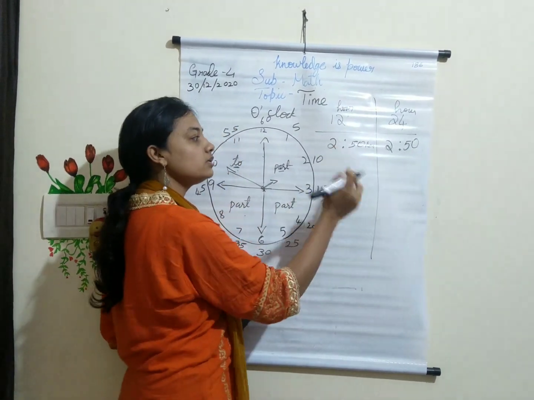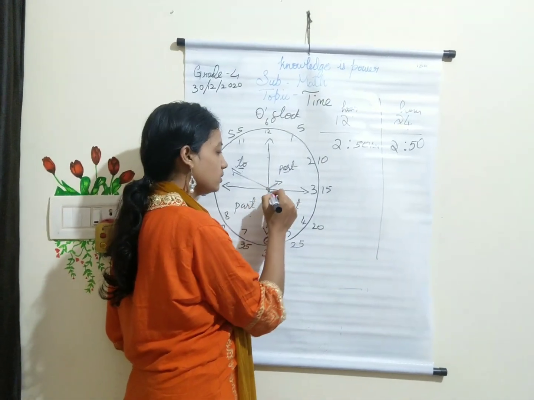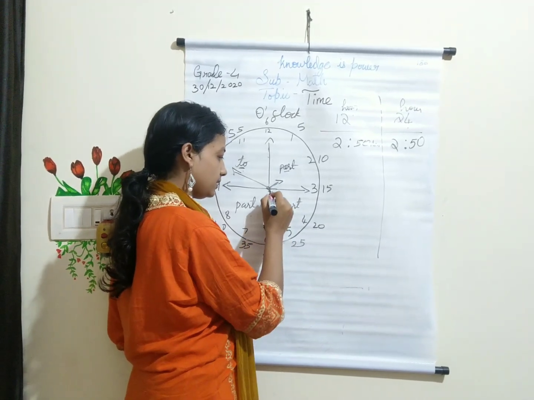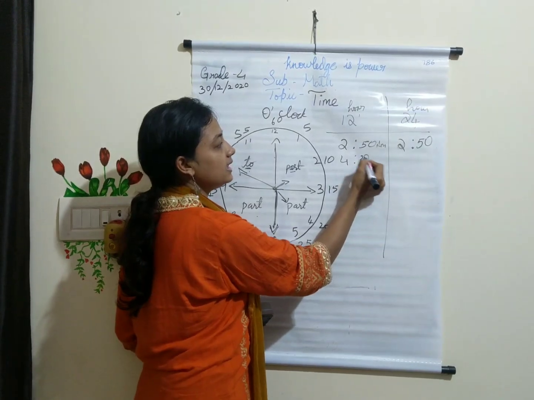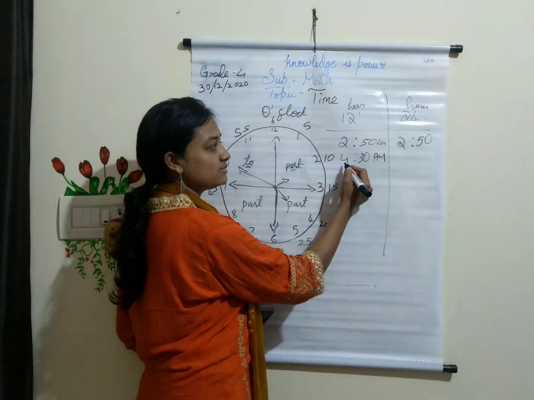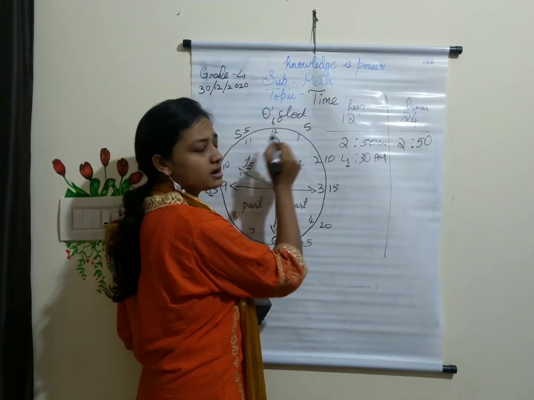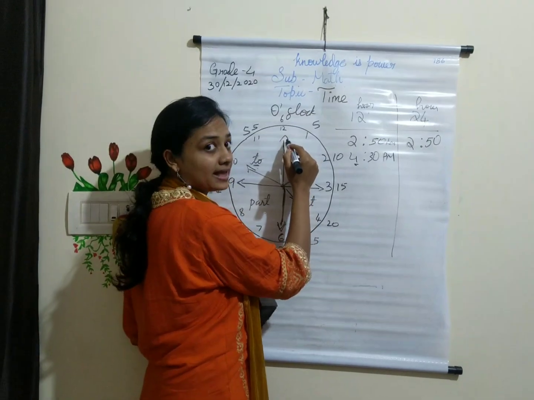Okay. Now just take the example of PM. My time is now 4:30, 4:30 PM in the evening. So now my time changes. How? It finished one round. My small hand finished one round and it started the second round.